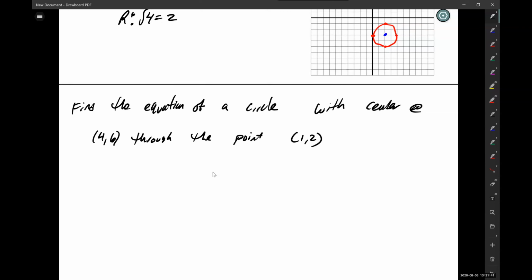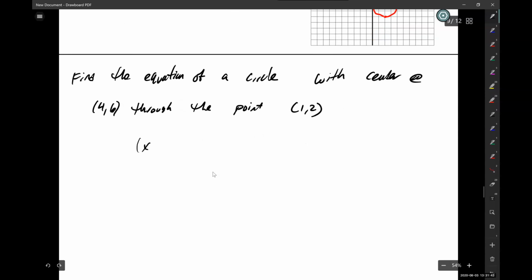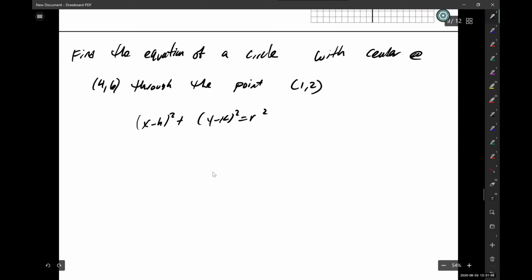So the two things we need to know, and just bringing back the formula one more time, are the center and the radius. Plugging that in is very simple: (x minus 4) squared plus (y minus 6) squared is equal to, well, we don't know the radius yet.